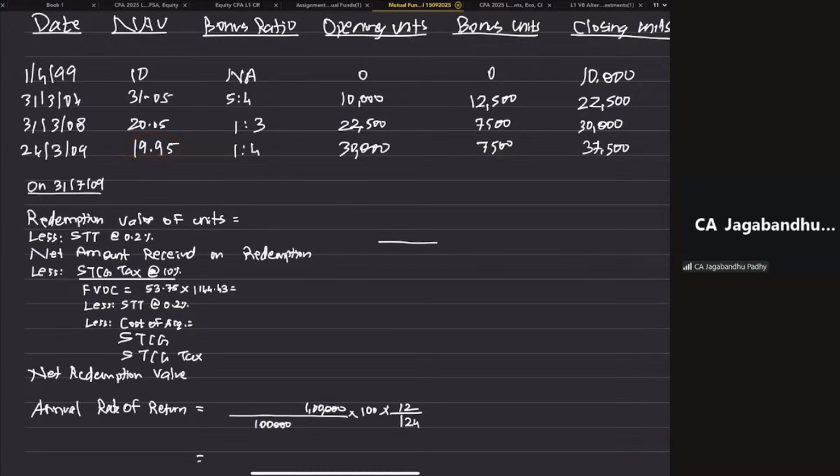Alternatively, you can assume the cost to be 0 since it's a bonus. But right now, for standardization, let us take the cost to be 19.95. So cost of acquisition will be the NAV value. Is it clear? Yes. So right now, just take the cost to be 19.95 and then compute the annual rate of return from this, guys.